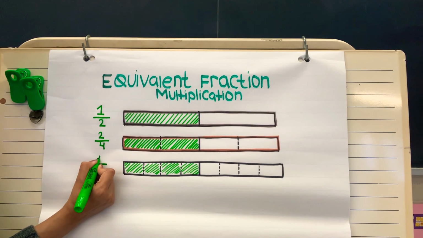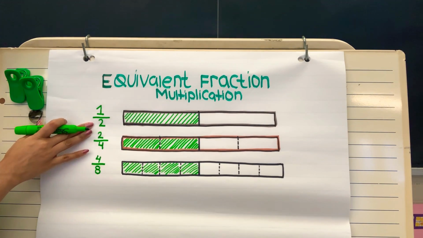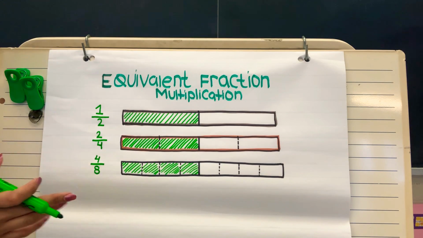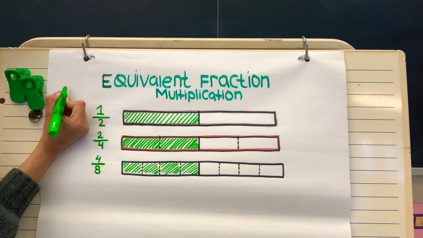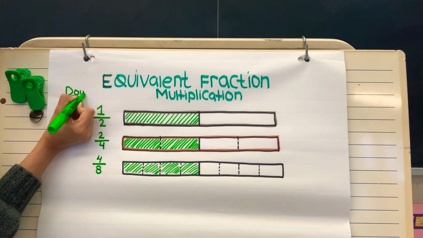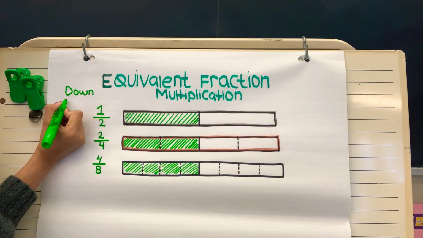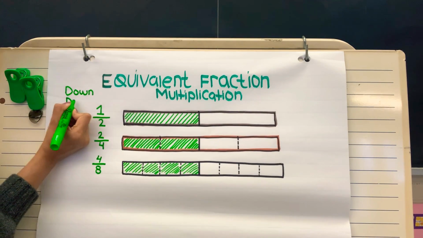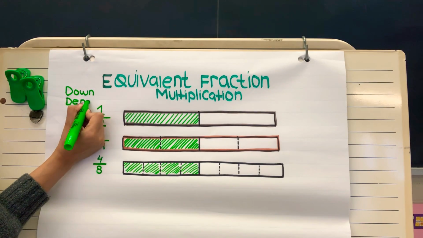Because 4 parts are shaded. Now, if you're having trouble remembering whether it's called a denominator or a numerator, you need to remember the word down. D-O-W-N, down, and denominator.